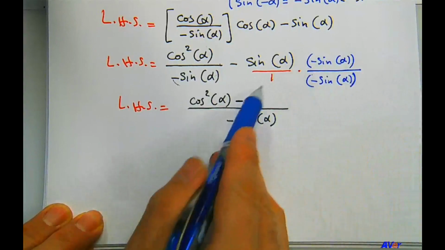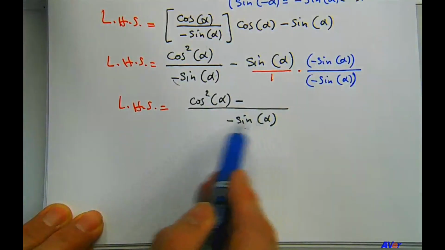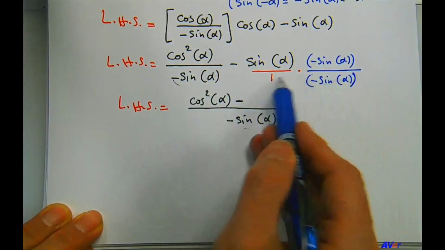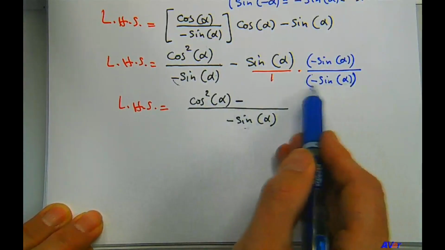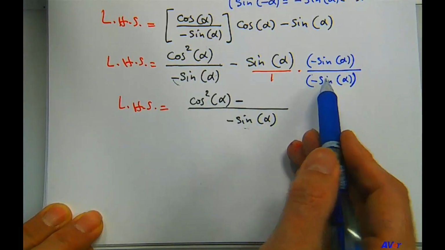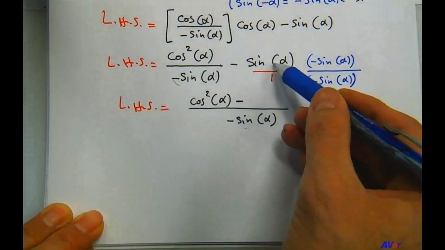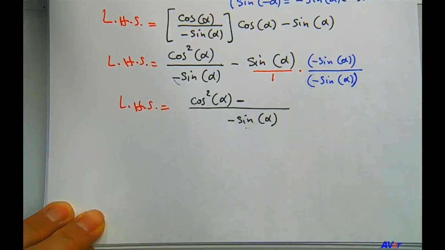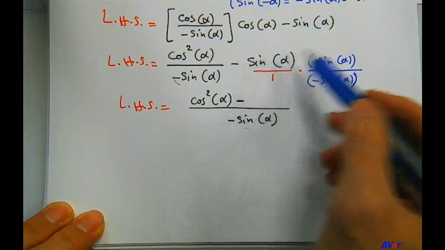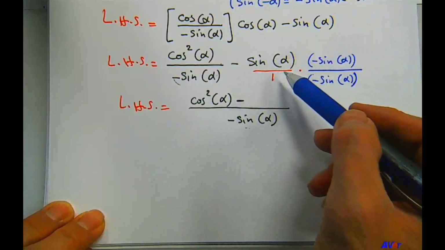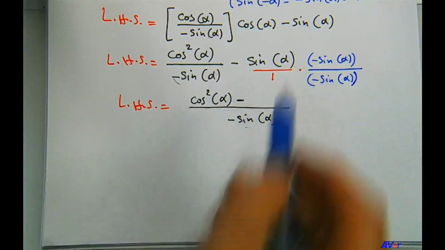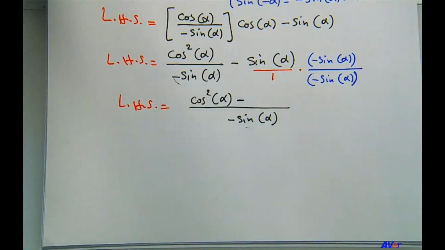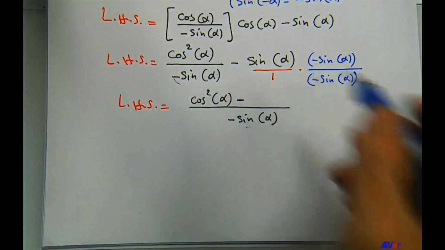So our goal is to get this one to be minus sine of alpha, which means we have to multiply the denominator by that, but we can't ignore multiplying the numerator by that as well. Okay, and the ratio of this over that is just 1. So we're multiplying this by a ratio of 1, which doesn't change anything here, but it gives us the common denominator that we want.